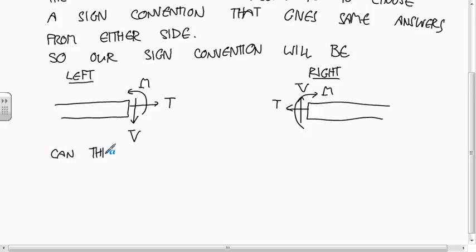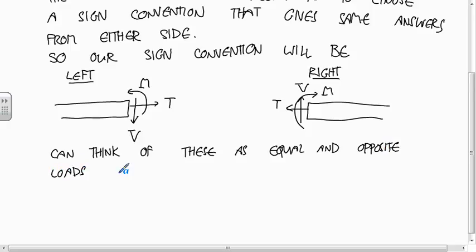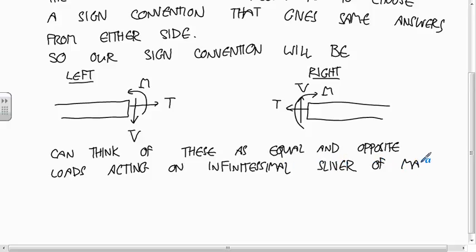You can think of these as equal and opposite loads acting on an infinitesimal sliver of material acting at the cut.